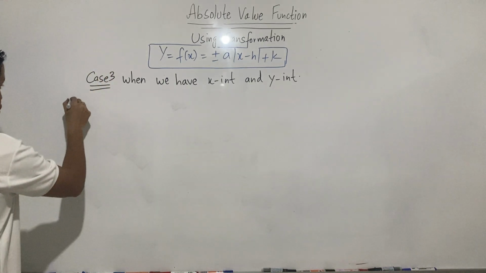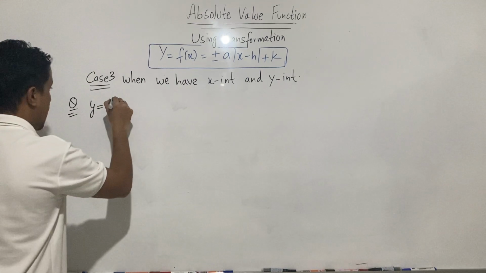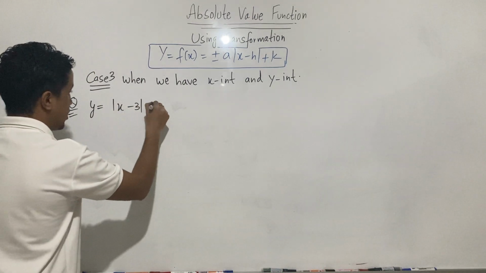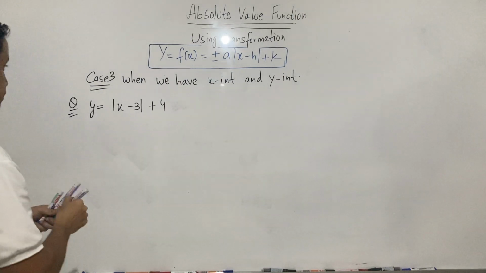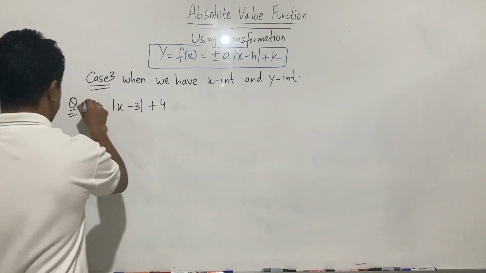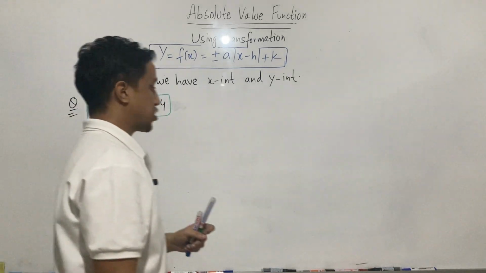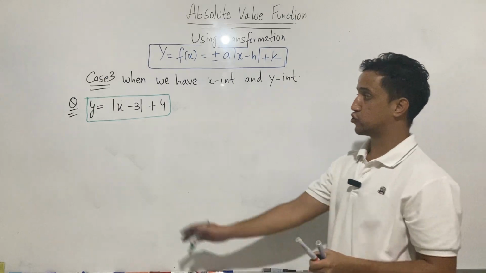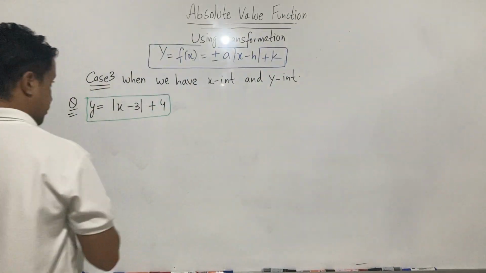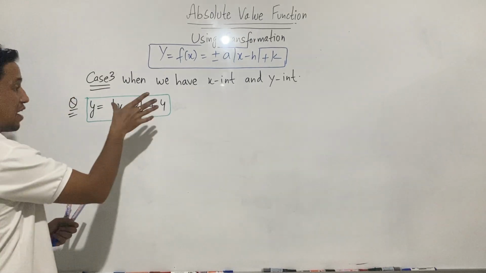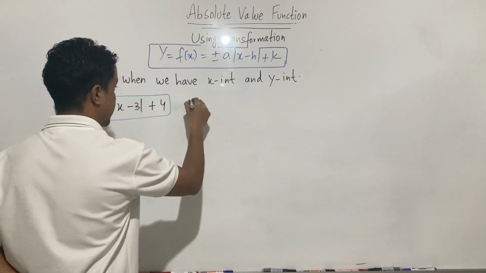The question is, we have to make a graph for y equals modulus of x minus 3 plus 4. I have to sketch the graph of the modulus function. First I will compare this with the general form.